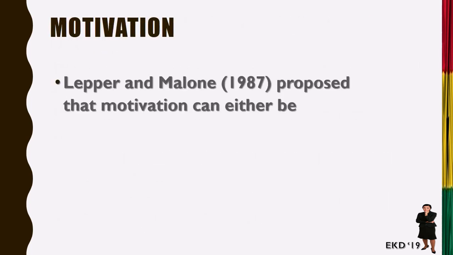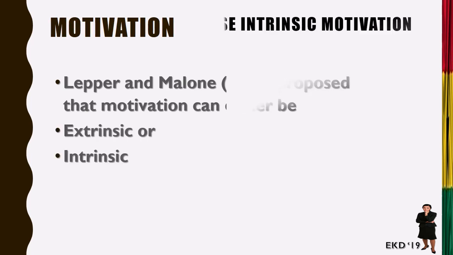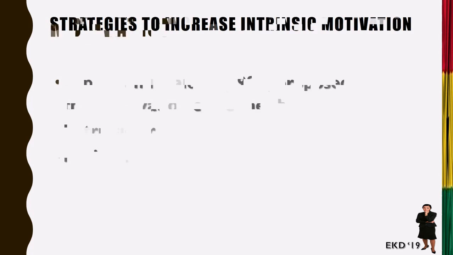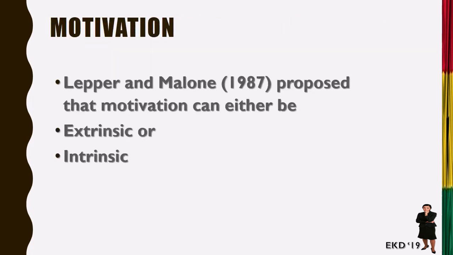Motivation. In order to learn, you need to be motivated. There are two types of motivation: intrinsic and extrinsic. Extrinsic is external, somebody motivating you from an external source.